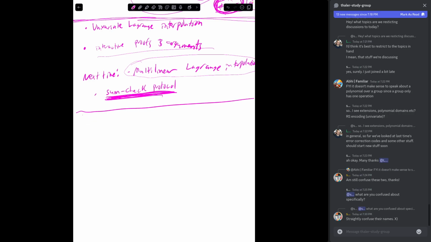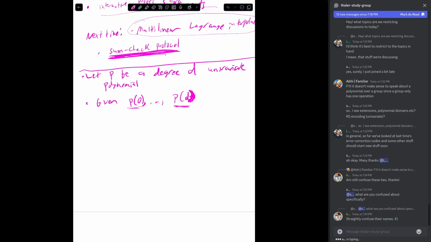Let P be a degree D univariate polynomial, and say I am given as input D+1 evaluations of P. These are just enough evaluations to fully specify P. It has D+1 coefficients, D+1 degrees of freedom, and I can fully specify it by writing out D+1 evaluations.